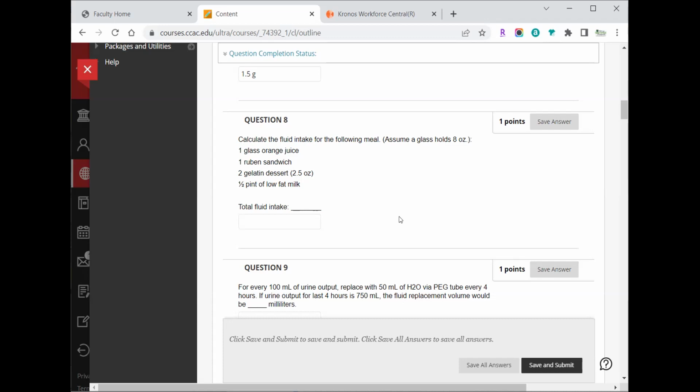You need to make sure you know that one pint is equal to 2 cups. So a half pint is 1 cup, which is 240 milliliters, which is 8 ounces. So it's 75 plus 240 plus 240. So our answer should be, and I think this was even the sample question that I gave, 555 milliliters.